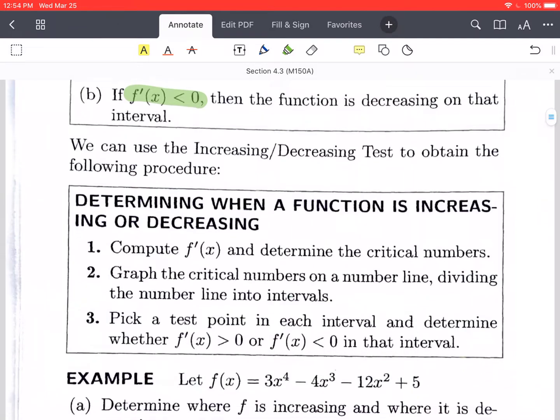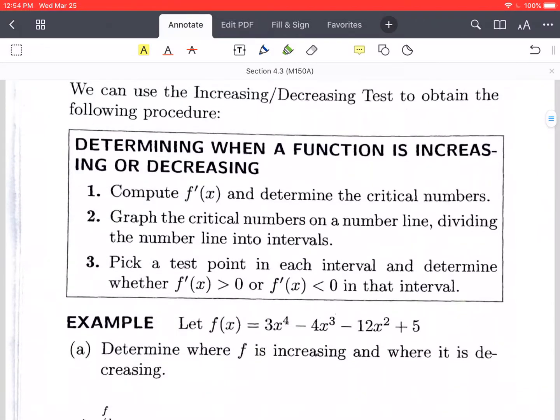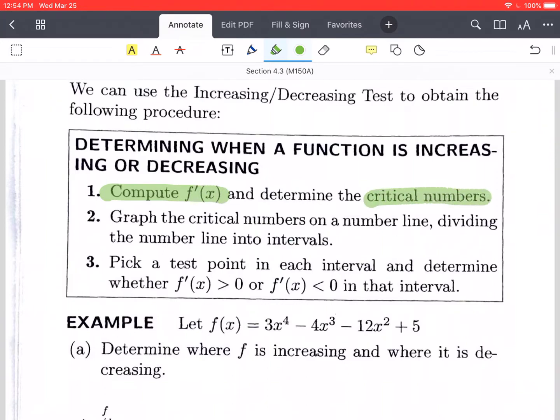So to determine when a function is increasing or decreasing, we're going to compute f prime and get those critical numbers. Those critical numbers are where the derivative is equal to 0. We're going to put the critical numbers on a number line and then pick a test point in each of those intervals to determine if the derivative is positive or negative on those intervals.